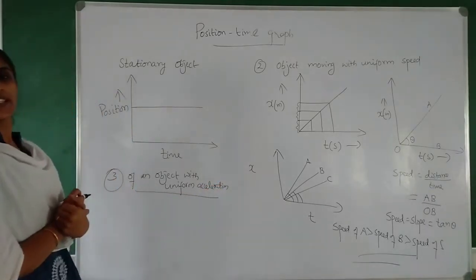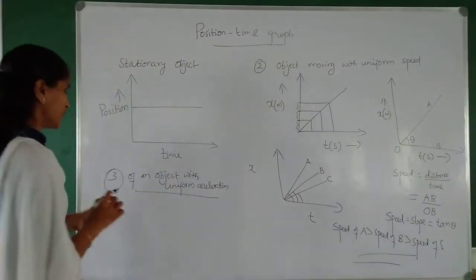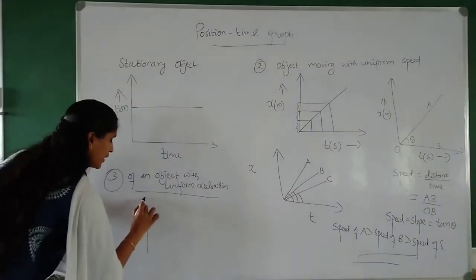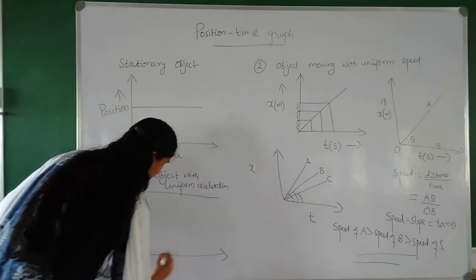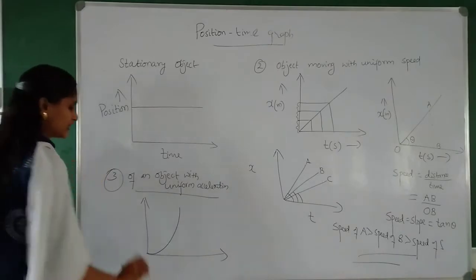If the object is in uniform acceleration, the position time graph will be a parabola, a curve.